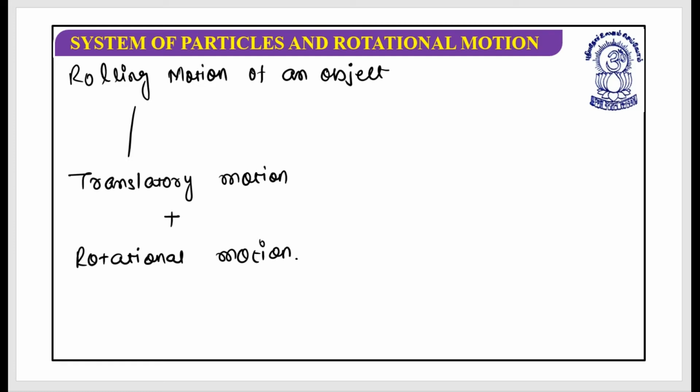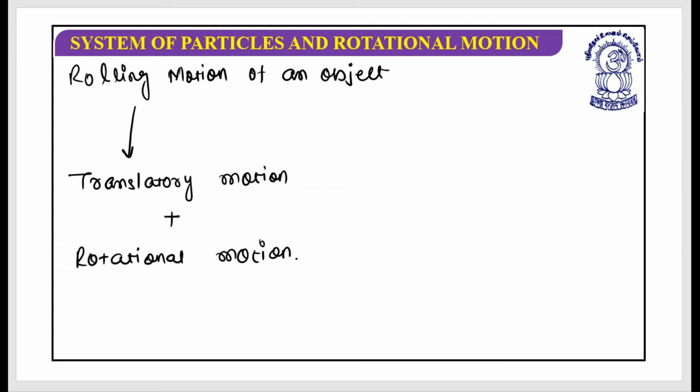When any object is rolling, that means it is having a translatory motion plus rotational motion. If it is having such kind of motion, we can say that the object is rolling.